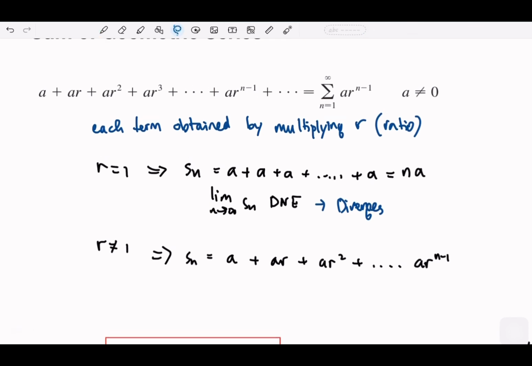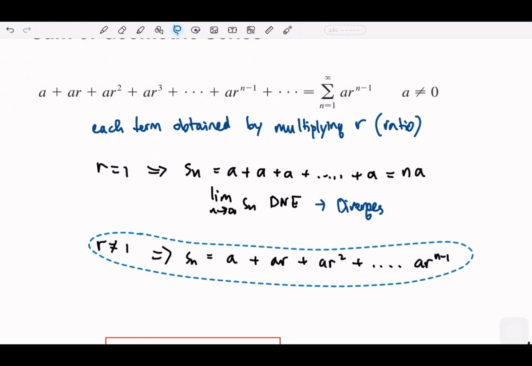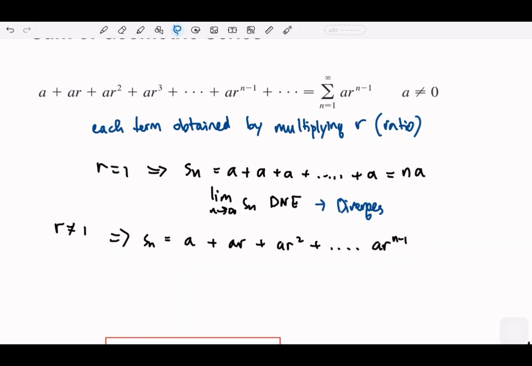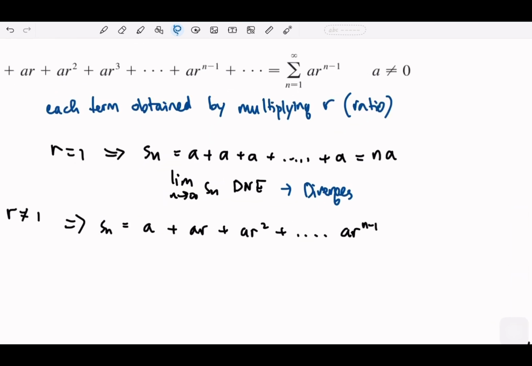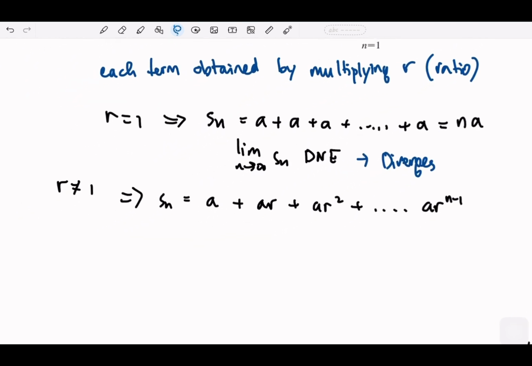Okay, now to simplify this before we arrive at the result, what is the best practical approach to know the formulation of the sum for this geometric series?